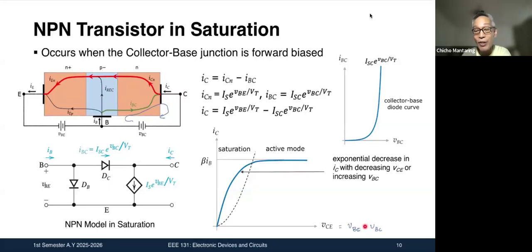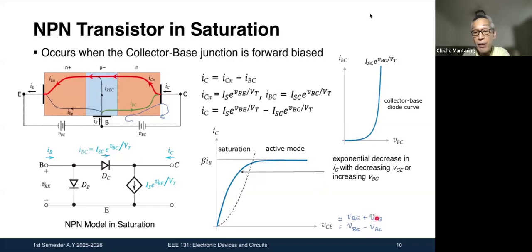I wanted to show this as plus, but okay. Sige, lagayin natin dito: VBE plus VCB. Again, VCE is large, VBE is practically constant. So what does that mean? VCB will be large. VCB is opposite in polarity to VBC, that means this is reverse biased.